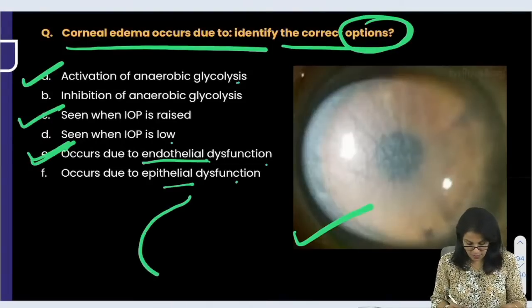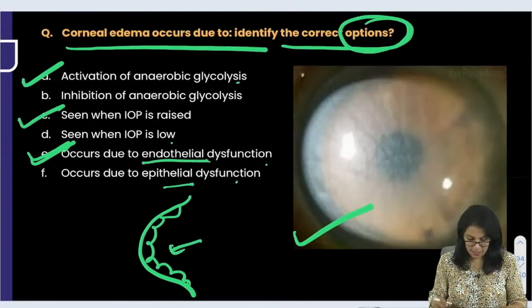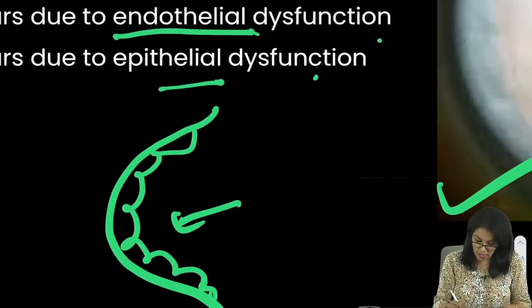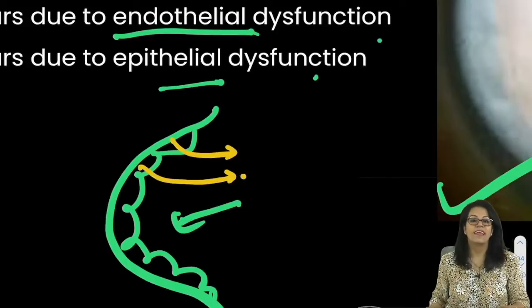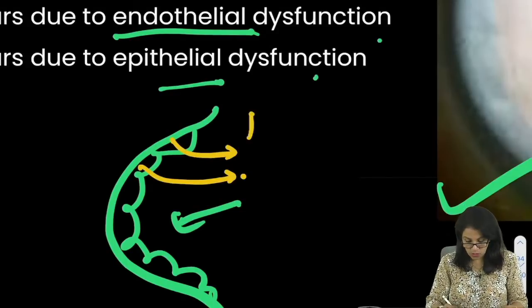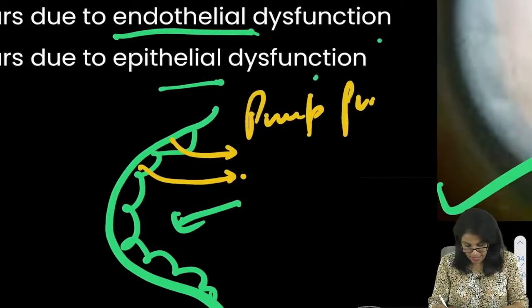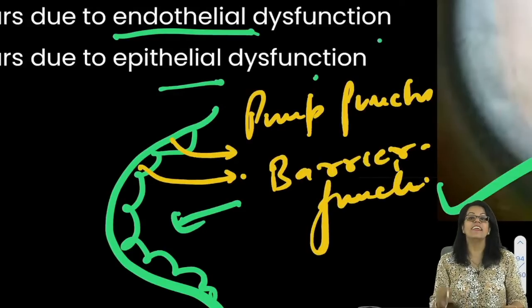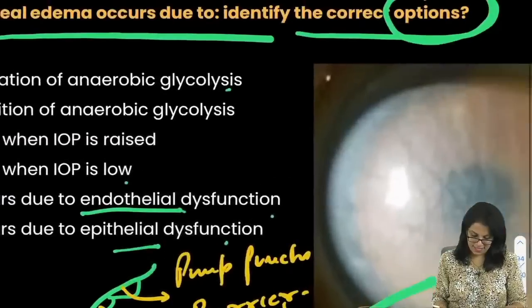I hope you all remember the endothelium is not only acting as a barrier so that aqueous doesn't come into the cornea, but whatever aqueous comes, it is pumping it back out into the aqueous. So, it is both the pump function and barrier function of endothelial cells which keep the cornea in a dehydrated state. Done?